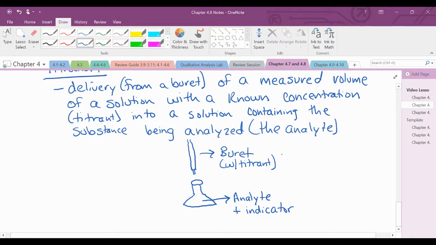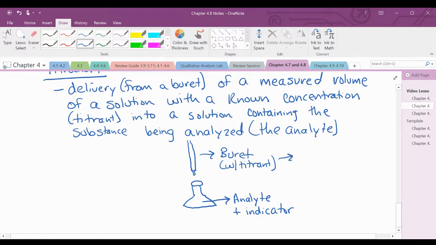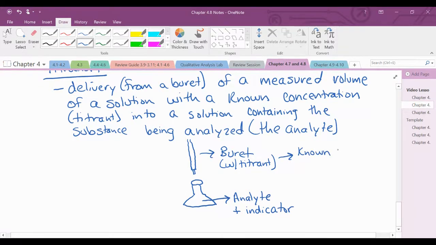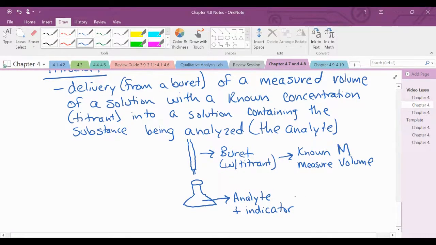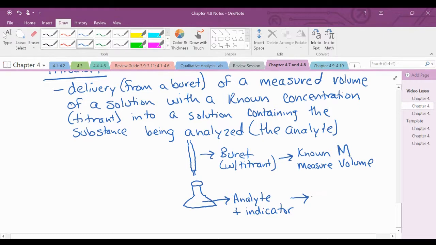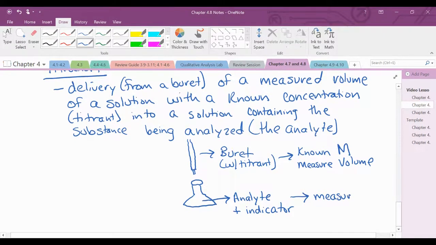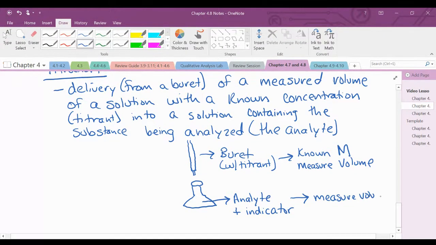The titrant has the known molarity, and you measure the volume. For the analyte, you start with a volume. So you know or you measure the volume and you calculate the molarity.